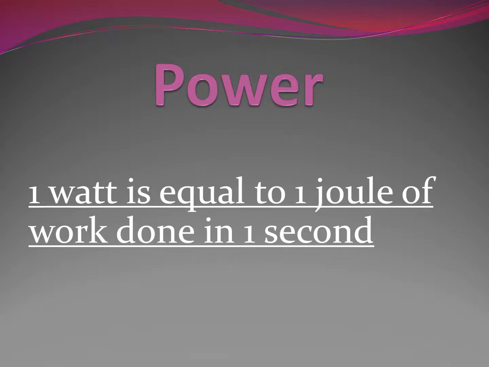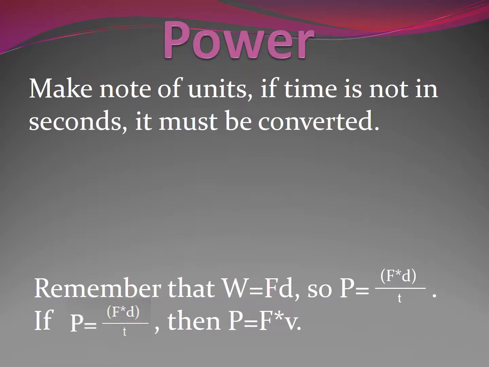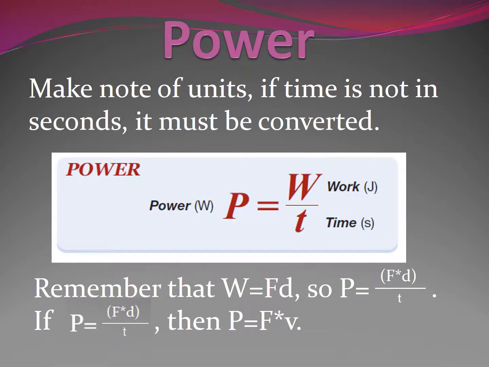So let's see what that means. So the formula for power is work over time, work divided by time. So remember, power is in watts, and watts is represented by capital W. Work is in joules, represented by capital J, and time, lowercase t, is in seconds.